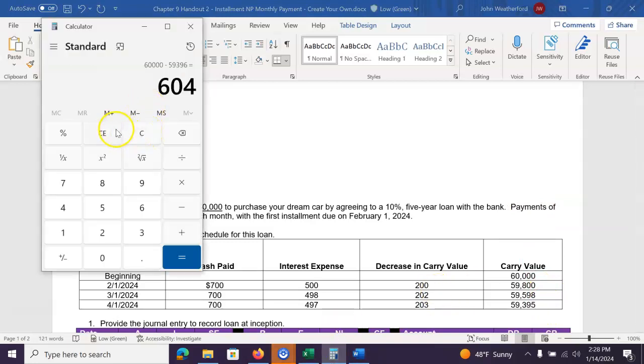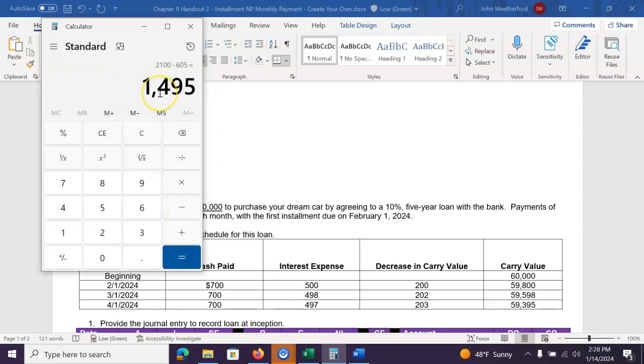So I'm just trying to point out here, let's punch that in again. You've paid $2,100 in payments, and you've decreased the loan by $605.